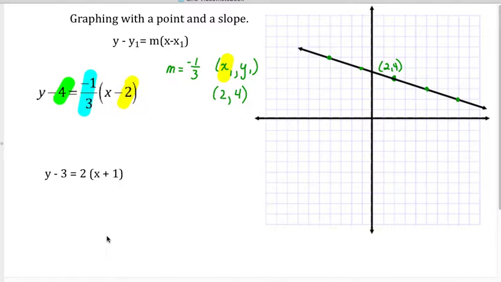Let's try one more example, and then I'm going to let you try some of your own practice on this before we go on to some new topics. So let's take a look at this one. Let's identify the point that we're interested in. So here we're interested in a point, an x1 value of 1, but take careful notice of the sign here. This positive sign, the rule should be x minus something.